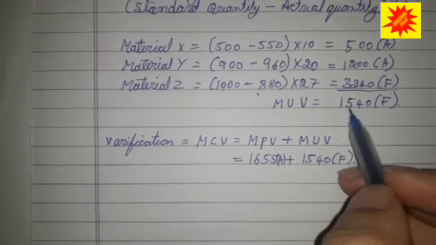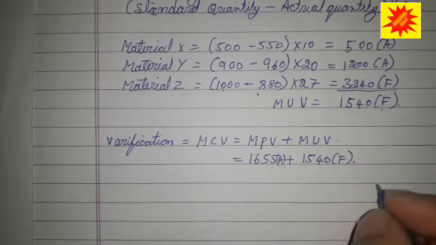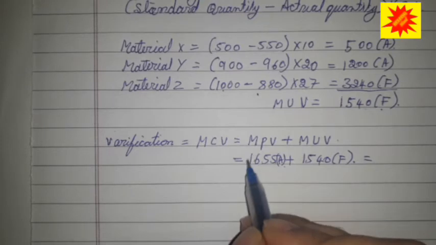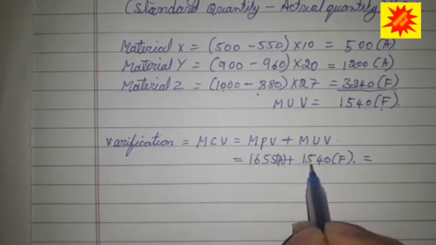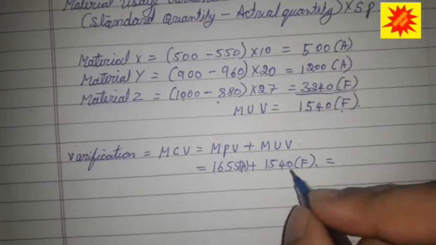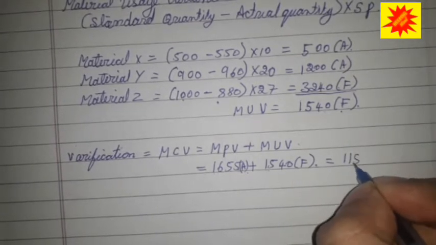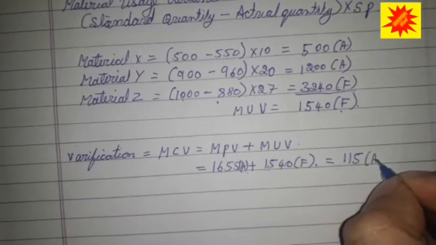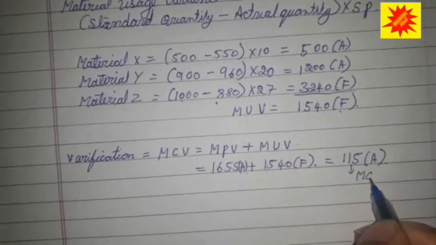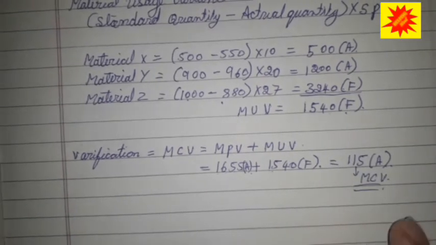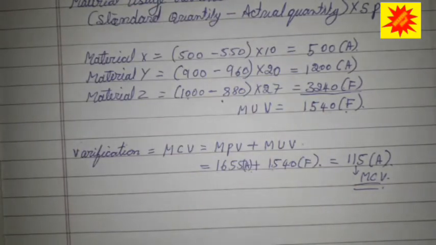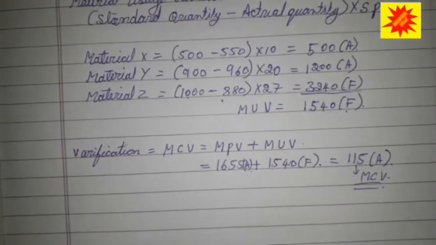It is nothing but your material usage variance, which will give you 1655 negative plus 1540 positive will definitely give you, use your calculator, do it and see, you will get 115 negative, which is nothing but your adverse. So this is equal to your material cost variance, right? So therefore this is satisfied, and hence the problem which we have solved is right.